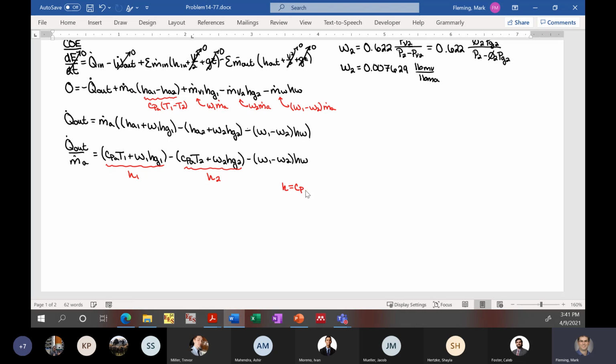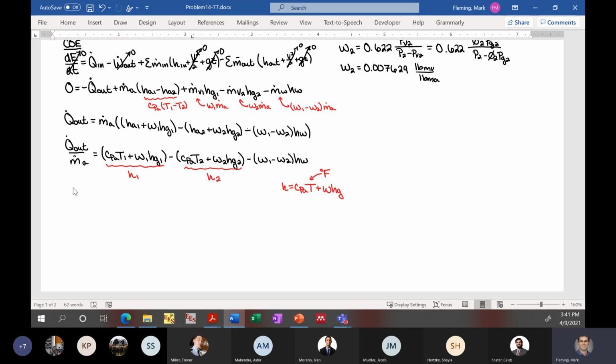This would be C sub P air times the temperature plus the humidity ratio times the enthalpy of the water vapor at that state. A special thing that we're going to note is this temperature is going to be given in degrees Fahrenheit, because we'll look this value up, and we had a delta T up here, so we can use Fahrenheit rather than absolute temperatures in that part of the equation.